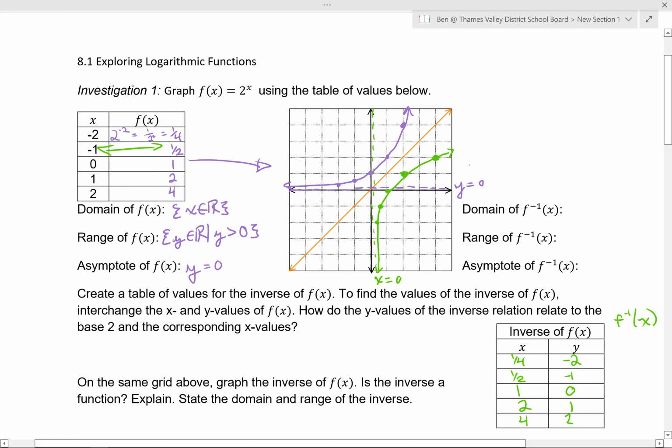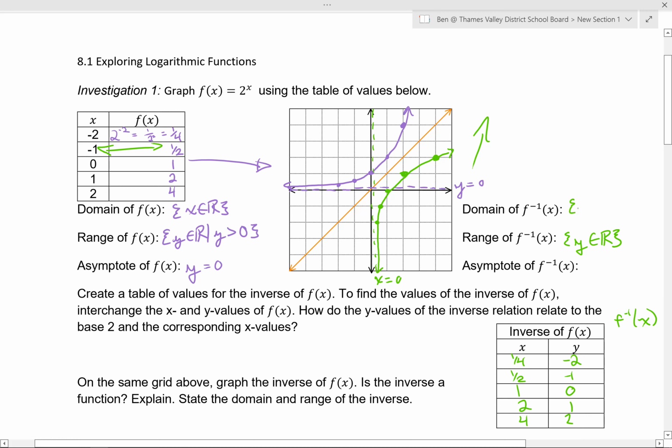It is increasing slower and slower as we go to higher and higher x values, but it is still increasing up to infinity. So our range is unrestricted: y is an element of the reals. But for our domain, we can see there are no values on the left side of our vertical asymptote.